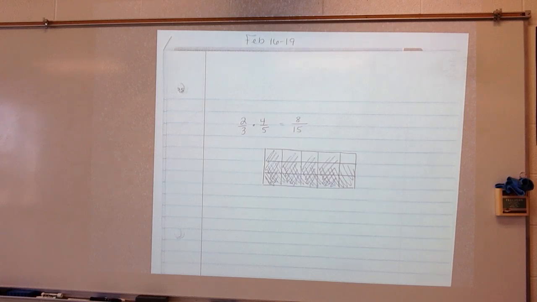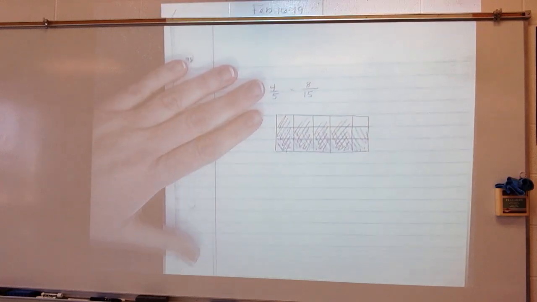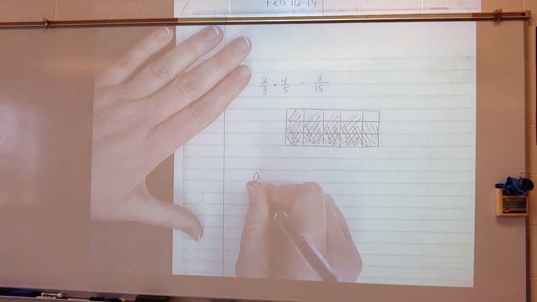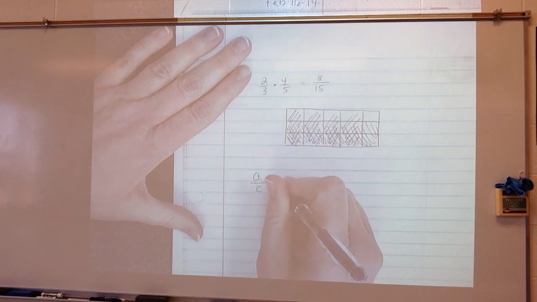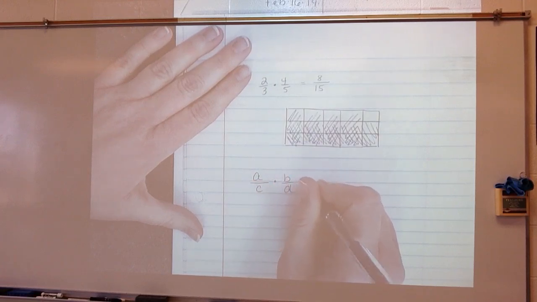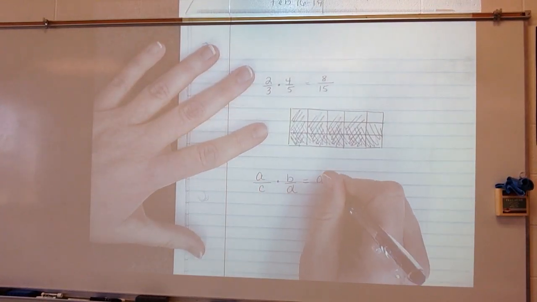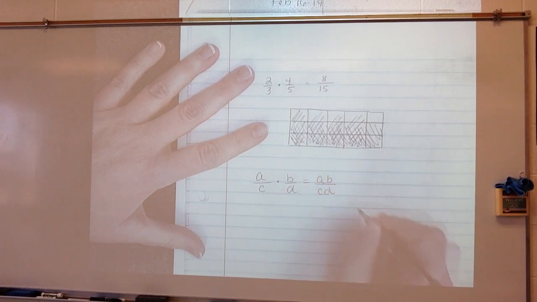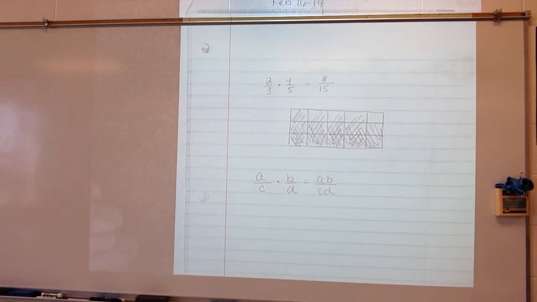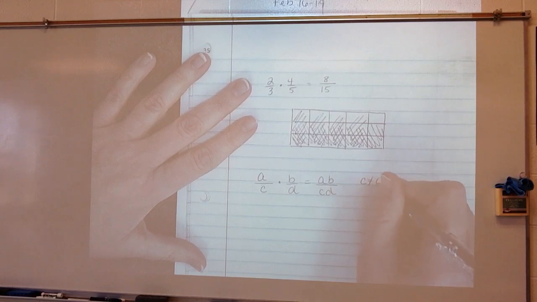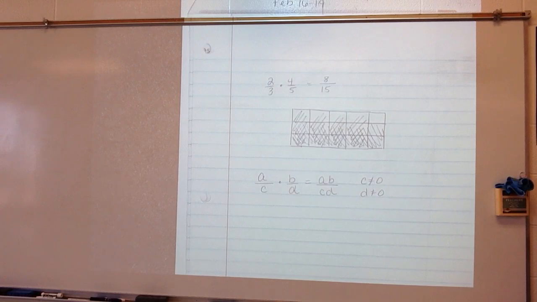So with this in mind, we're going to create a general rule for multiplying expressions. If I am multiplying A over C times B over D, my rule is to multiply A times B and to multiply C times D. The one thing we know is that C cannot equal 0 and D cannot equal 0 because we can't divide by 0.